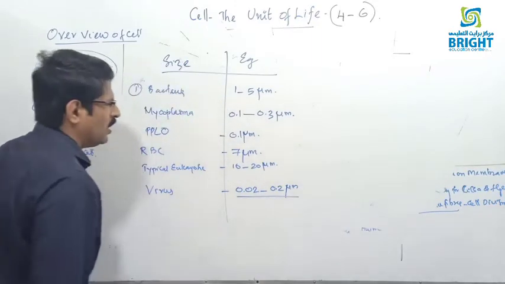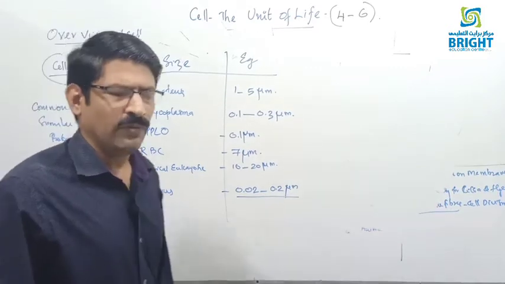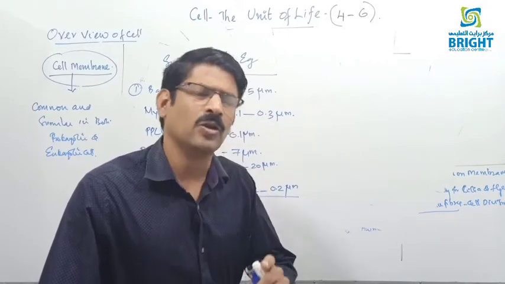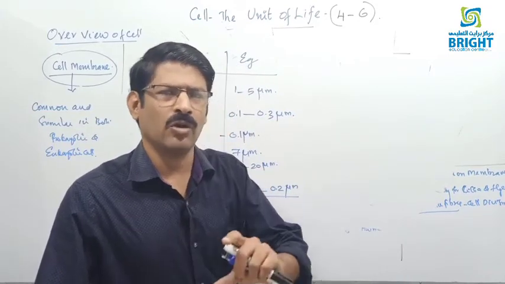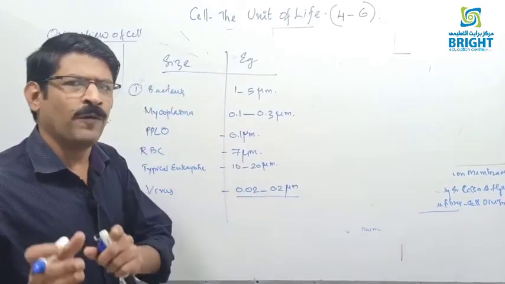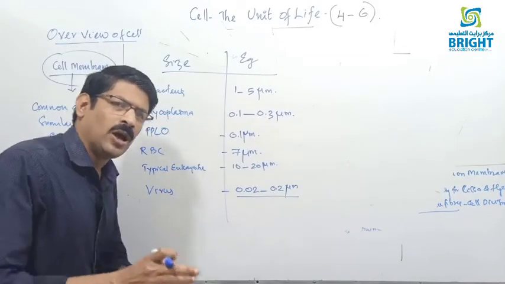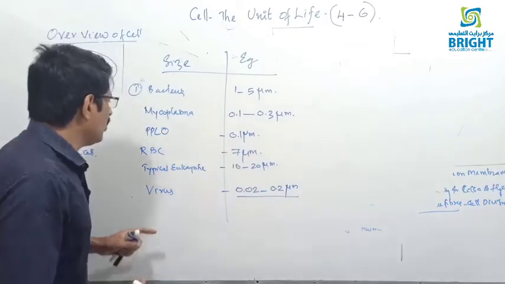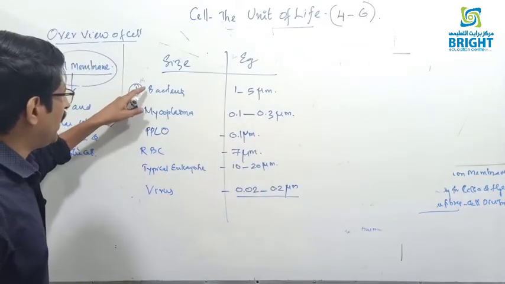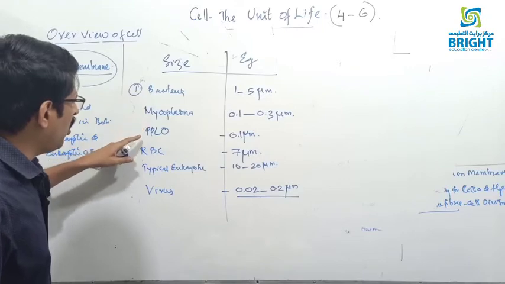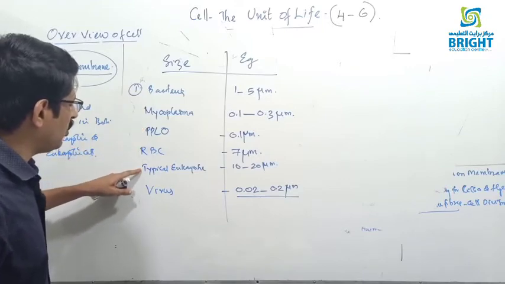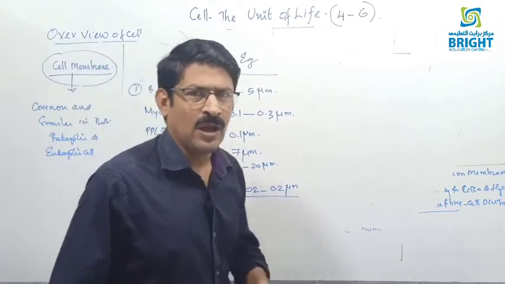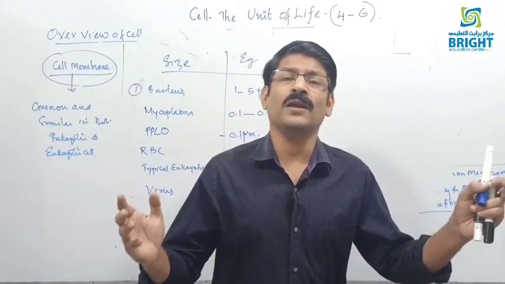We know that it is smaller than mycoplasma, but we do not consider virus as the smallest organism because they have no cellular organization, and virus does not follow cell theory because it is not composed of cells, that we discussed in the chapter biological classification. So these are the different sizes: bacteria, mycoplasma, PPLO, RBC, typical eukaryotic cell, and virus. So the shape and size is different in different organisms.